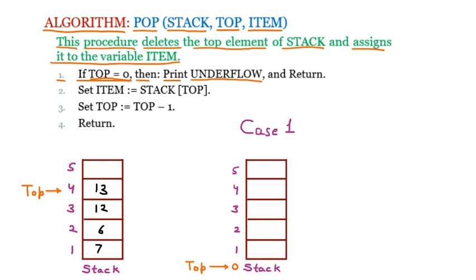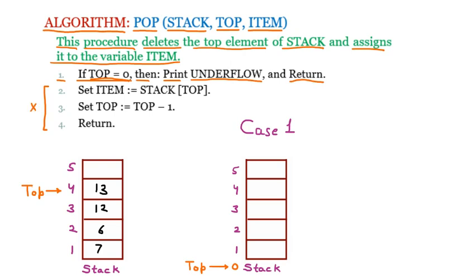If there is no water in the tank and water is not coming, this is underflow. That means top is pointing to 0 and there is no element on the stack. Then return: we want to inform the user there is no element in the stack to delete. This is case 1, and after return, the rest will not run.